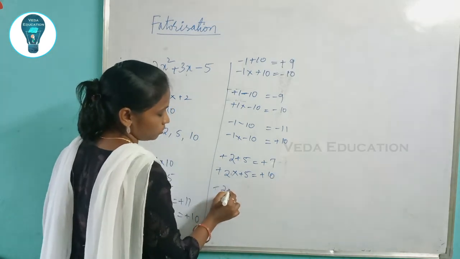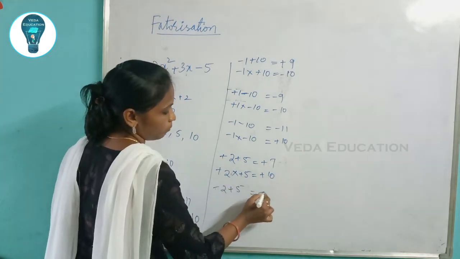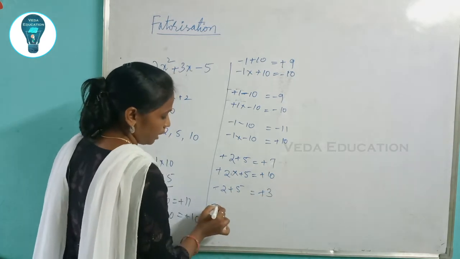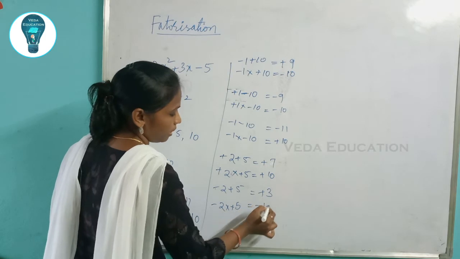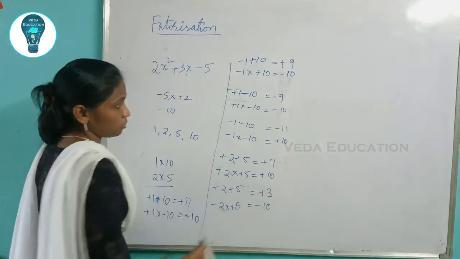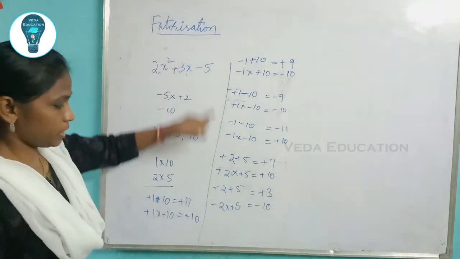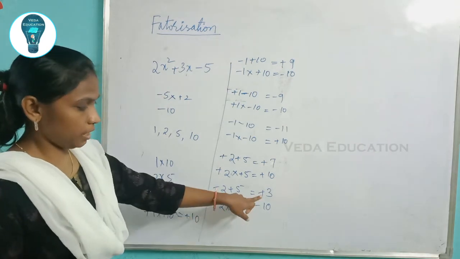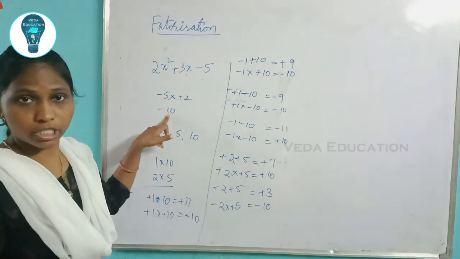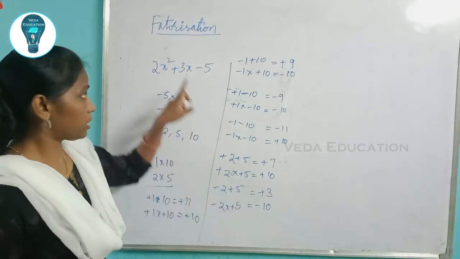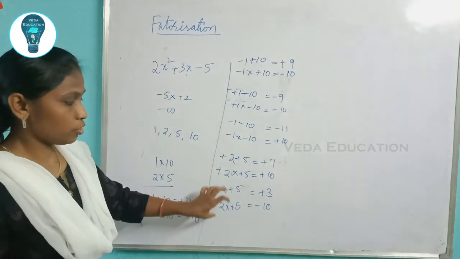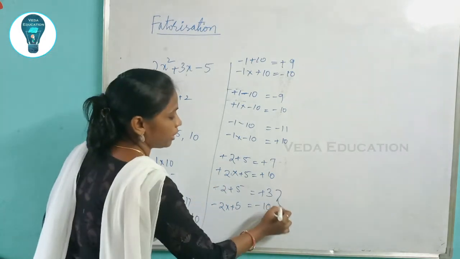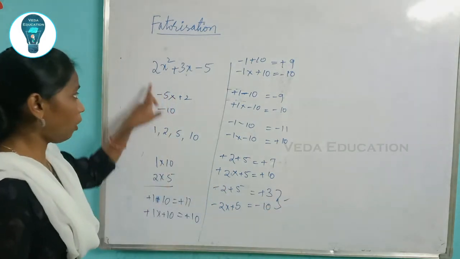Minus 2 plus 5 you get plus 3, and minus 2 into plus 5 is minus 10. So here the sum is plus 3 and the product is minus 10. The middle x coefficient is plus 3 and the product is minus 10, so this pair satisfies it, and we are selecting this pair.